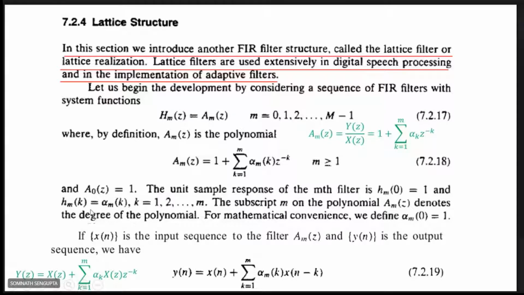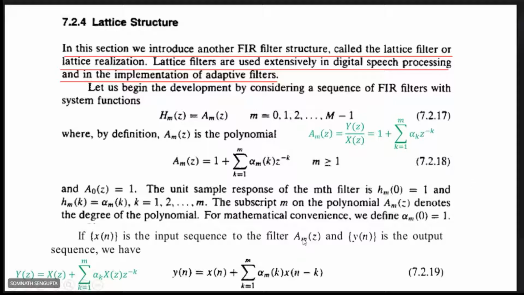As we have seen, if you take the Z transform of the impulse response, then you will get the system function. So this impulse response is actually the coefficients alpha m k, at different time indices k equal to 1 to m, but at k equal to 0, let us say it is 1.